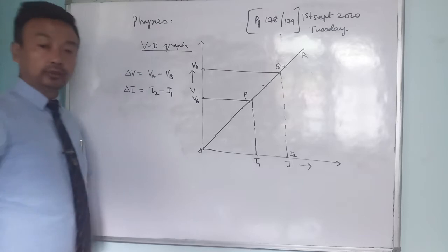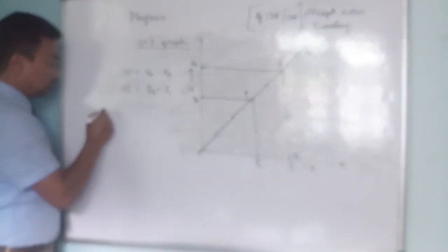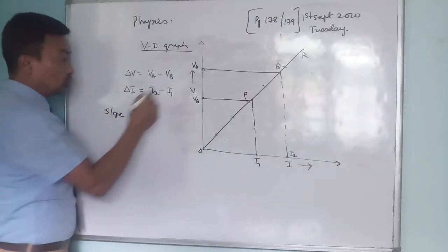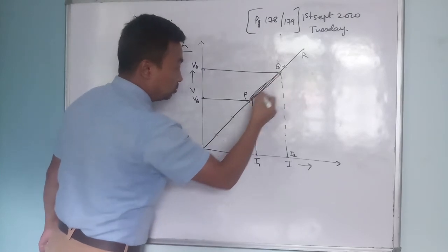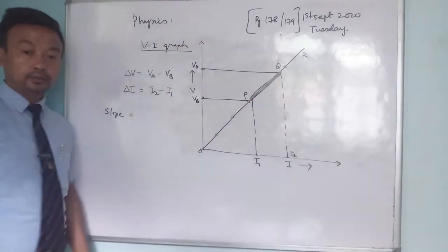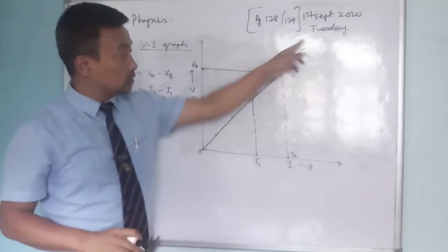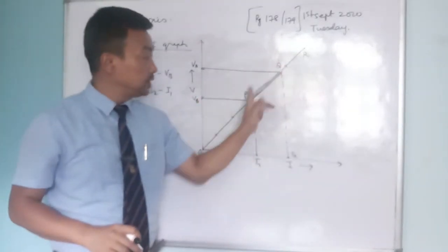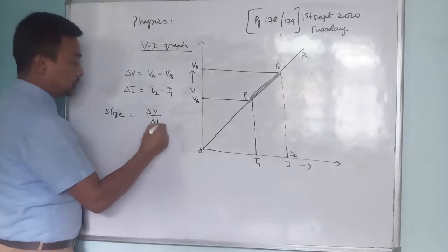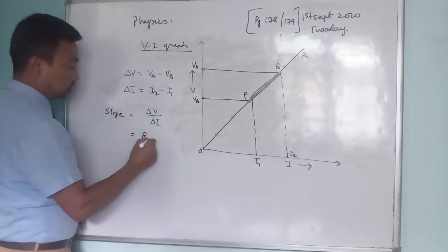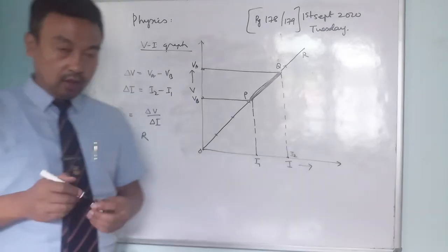Now let us find the slope of this graph between P and Q. The slope is given by delta V upon delta I, and this is nothing but the resistance.